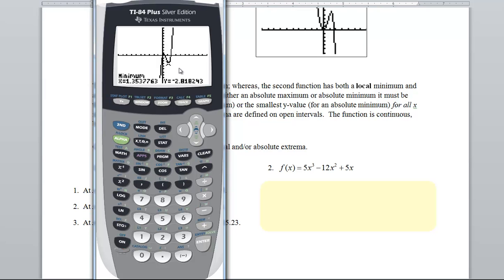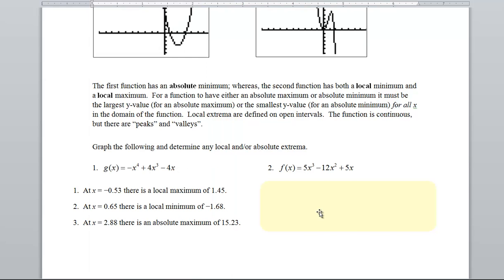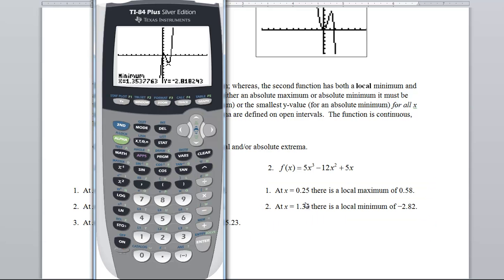Yay. Okay, so here it goes. At x equals 1.35, we have a local minimum of negative 2.82. So let's see if that's what I've got right here. Yep. 1.35 local min, negative 2.82.